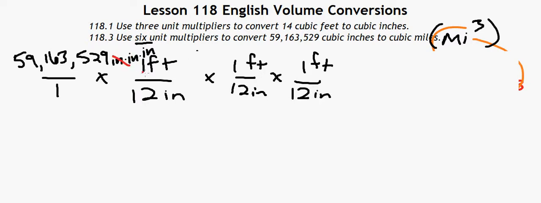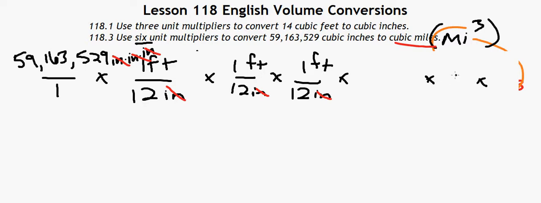Cancel out inch, inch, inch, inch, inch, inch. I've got my 3 feet here, but feet isn't where we're going to. We're going to cubic miles. So to get to miles, we're going to need to convert one more time.